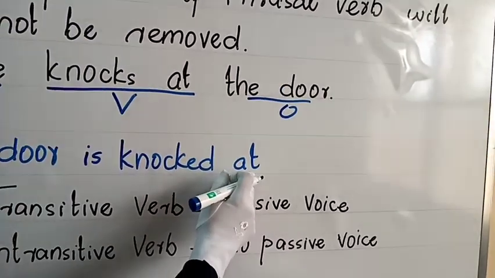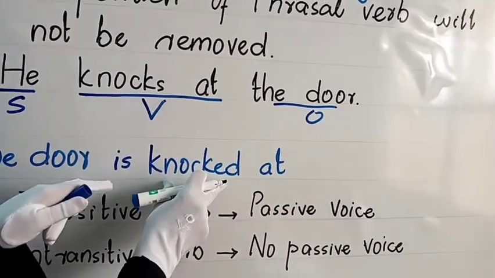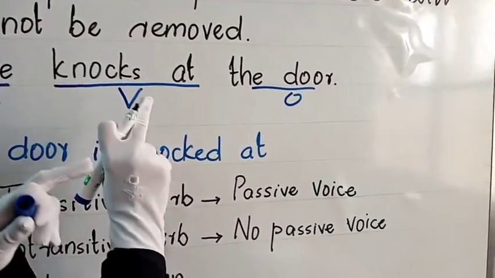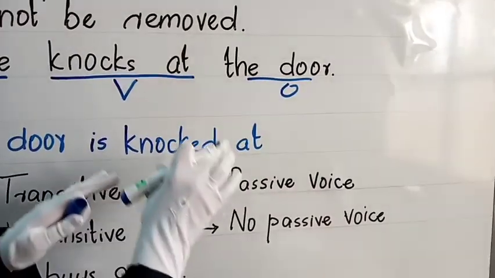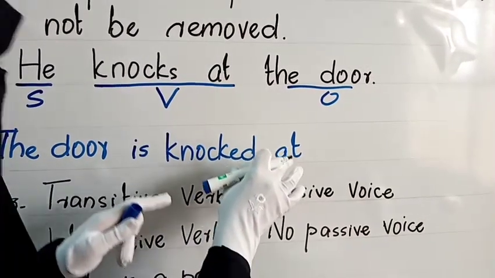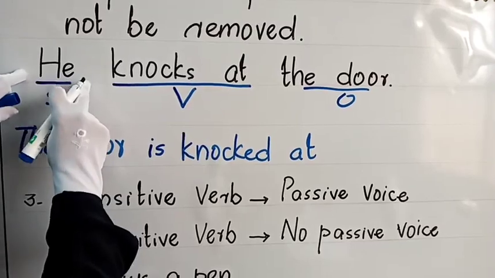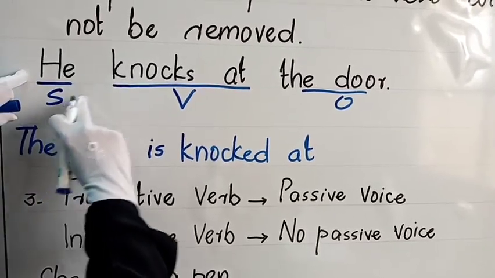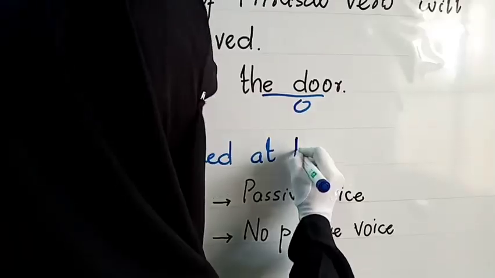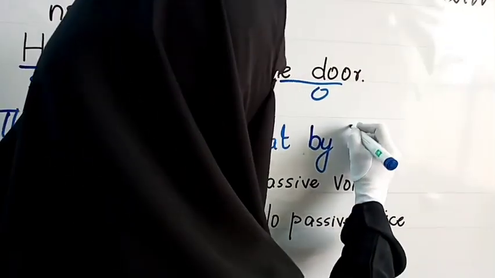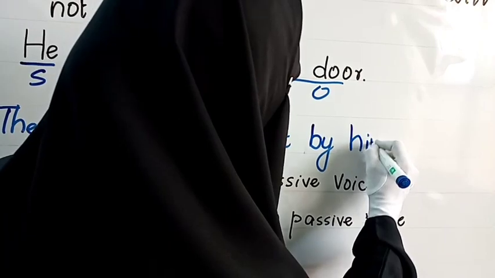So this preposition will be after the verb. This will not be removed, it will not be changed, it will remain at its place. So the door is knocked at by, he is the subject and it will be changed into an object. The door is knocked at by him.